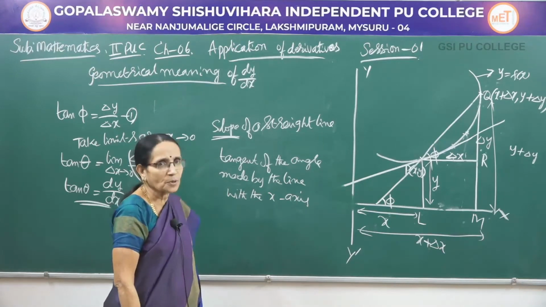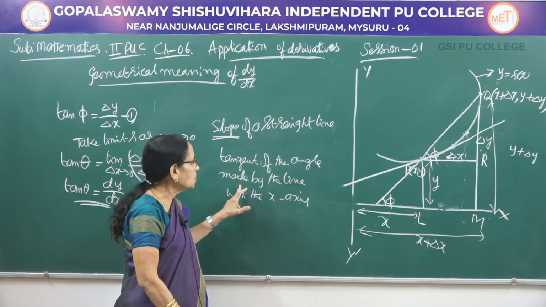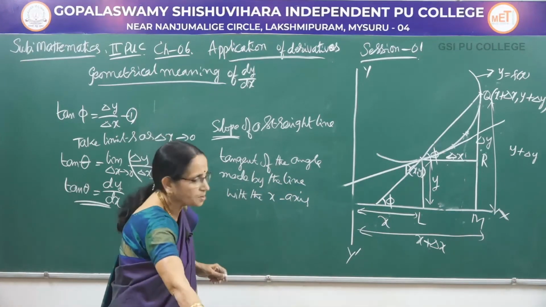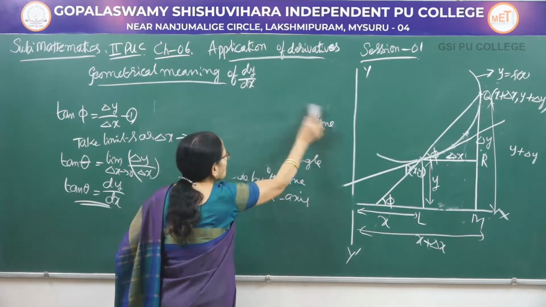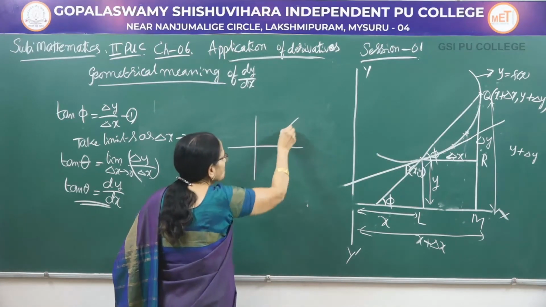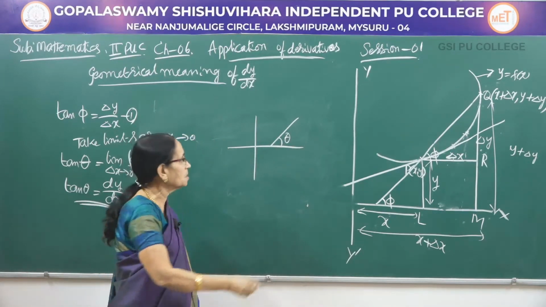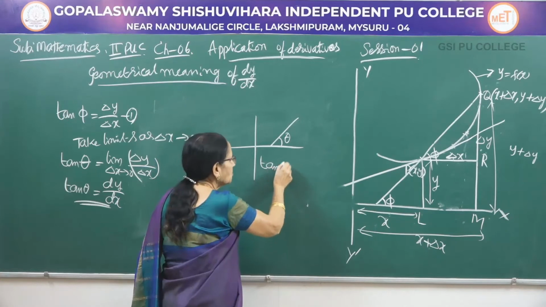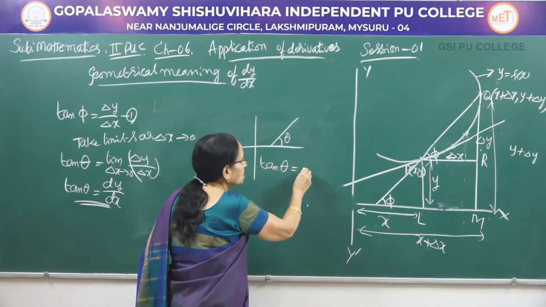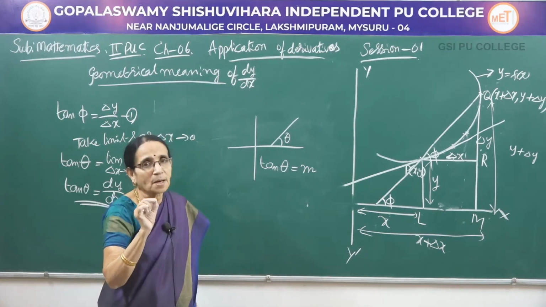Slope or gradient of a straight line is nothing but the tangent of the angle made by the line with the x-axis. Of course, it is a revision, you have already learnt this. Now, suppose there is a line making an angle theta with the x-axis. Then tan theta is called the slope, and the standard notation is small letter m.